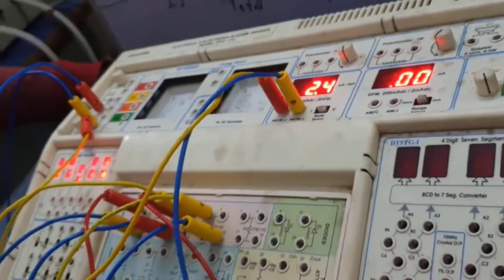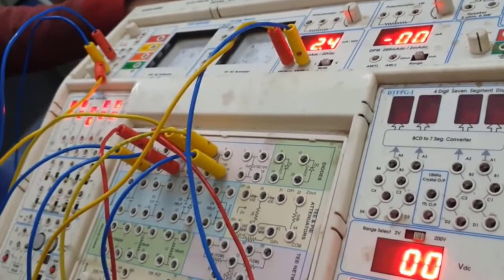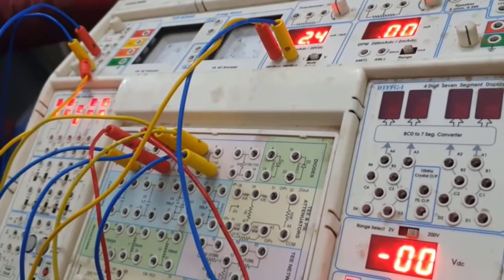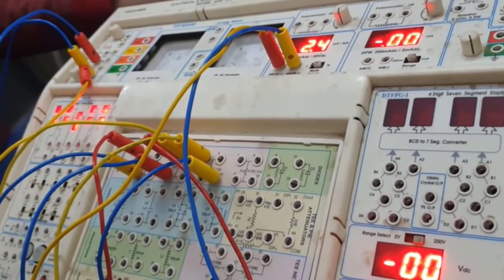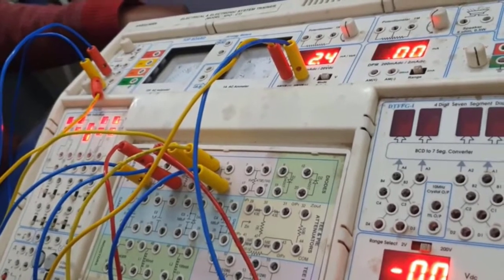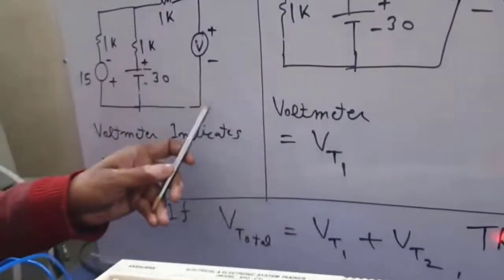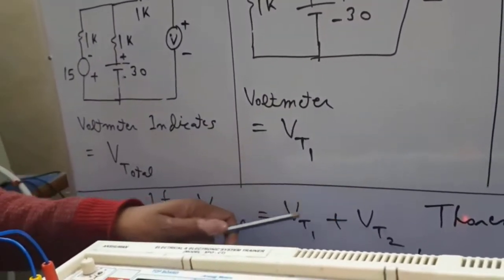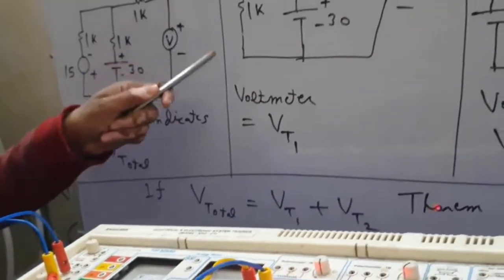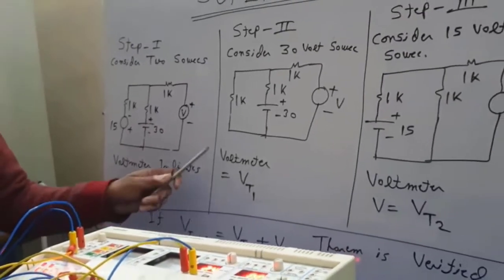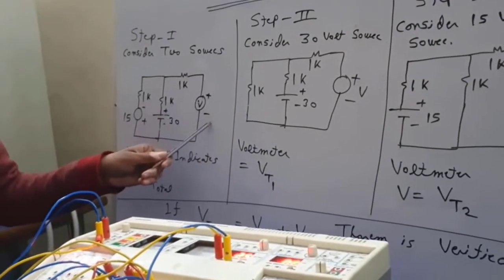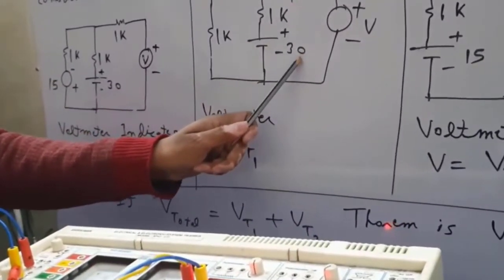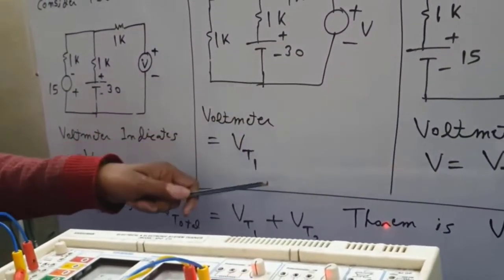So the first value 4.8 plus 2.4 is equal to 7.2, and the total voltage is 7.5. So V total is approximately equal to V1 plus V2. It means this theorem is verified.